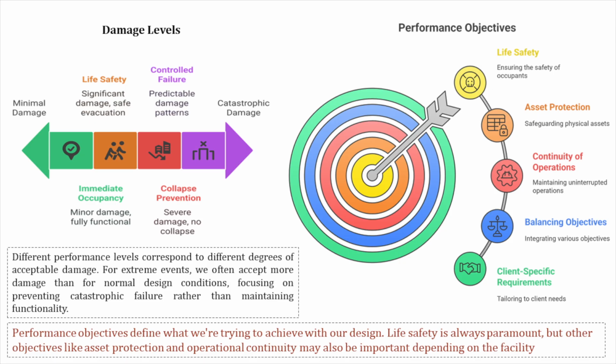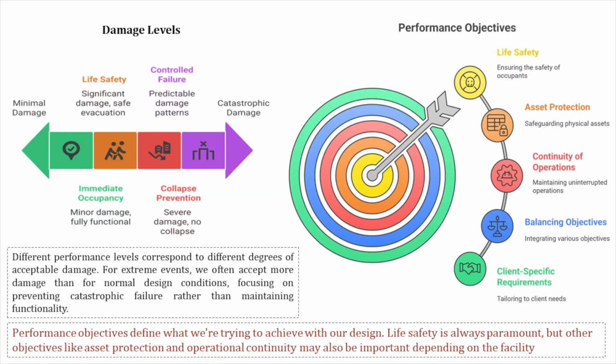Sometimes a balanced objective is used, combining all three objectives dealt with earlier: safety of occupants, maintaining physical assets, and maintaining uninterrupted supply.